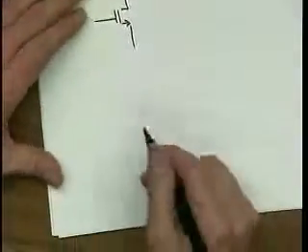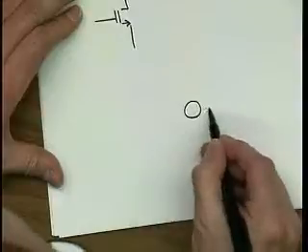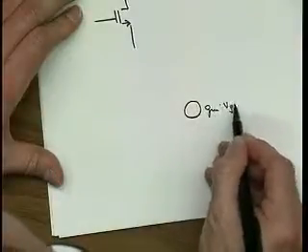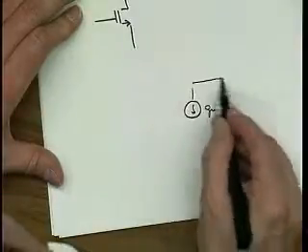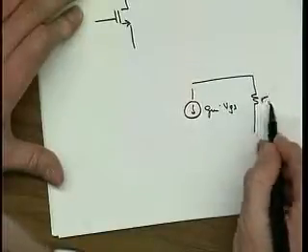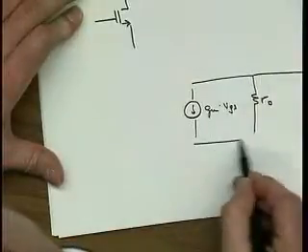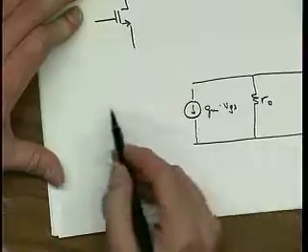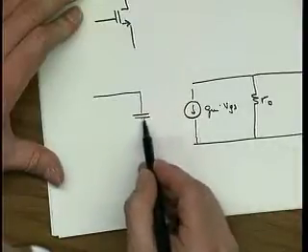Well, why don't I do that? So gm times vgs for the output. Let me leave away all these capacitors, they're noiseless anyways. Well, just one of them.